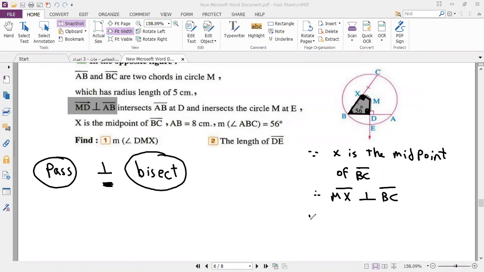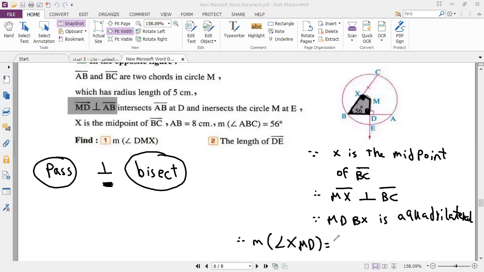Okay. So in the quadrilateral, or we can write, since MDBX is a quadrilateral, then the measure of angle XMD equals 360 minus (90 plus 90 plus 56) equals 360 minus 236 equals, sorry, 124.